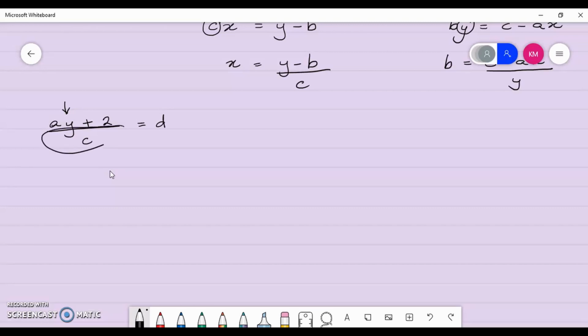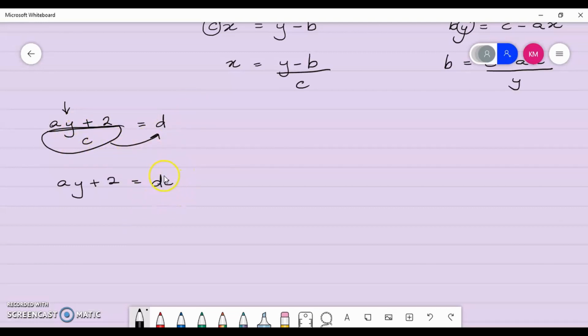So I'm going to circle that and carry that across. So I'm going to be left with ay plus 2 is equal to d multiplied by c. d multiplied by c gives dc. Remember, c on this side was divided, so it went across to be multiplied.